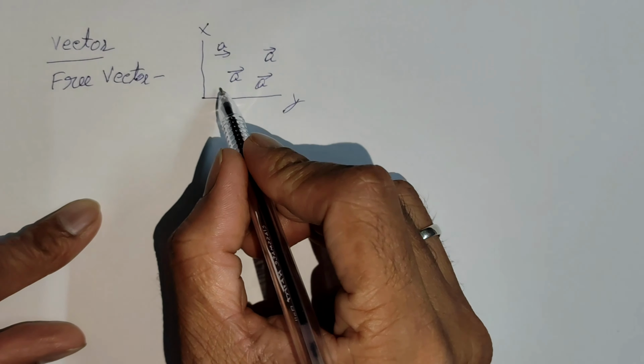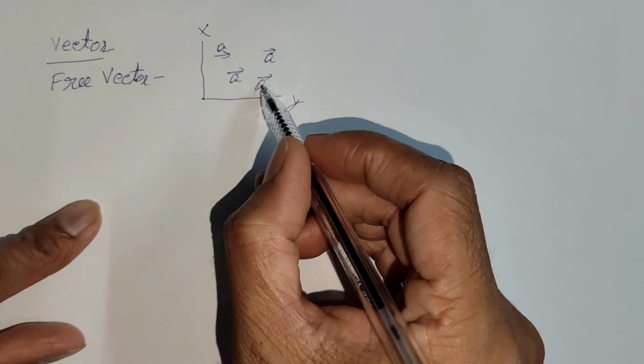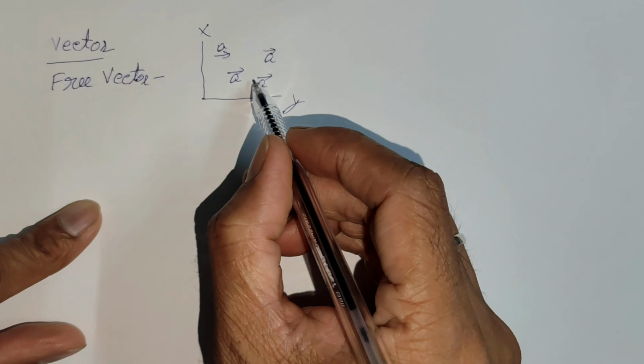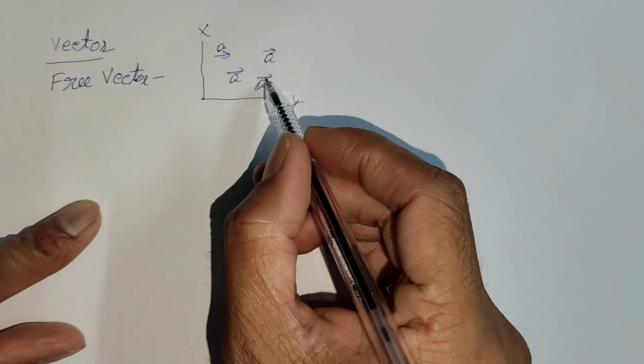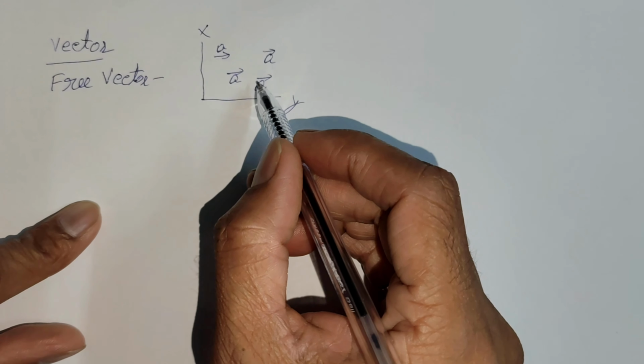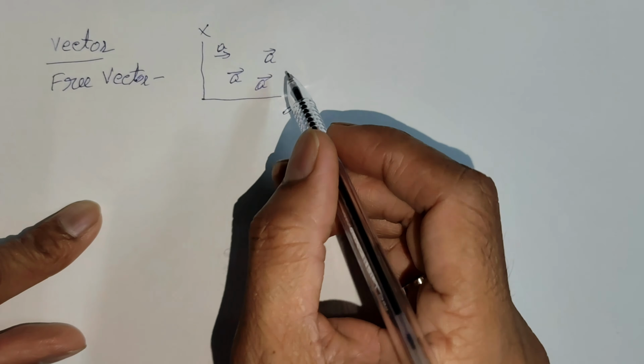That means it cannot change its magnitude, that is a, and it cannot change its direction, that is this direction, and it can move anywhere within the plane. Then this is called a free vector.